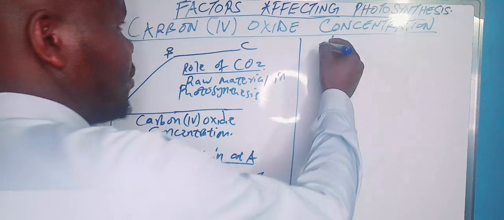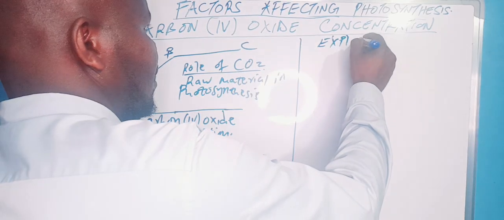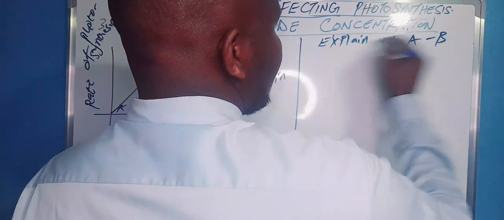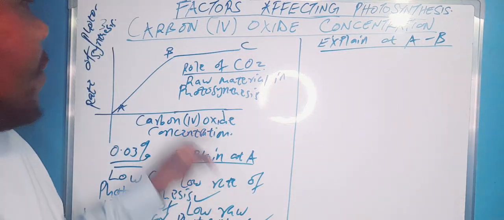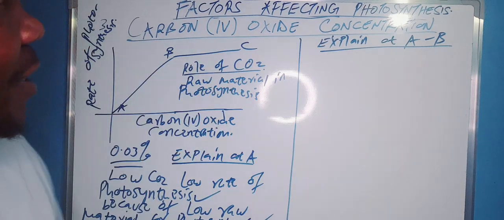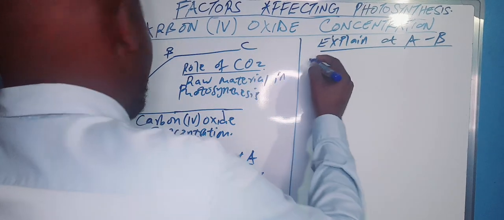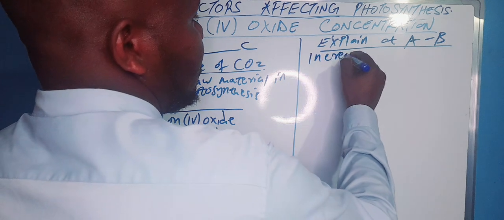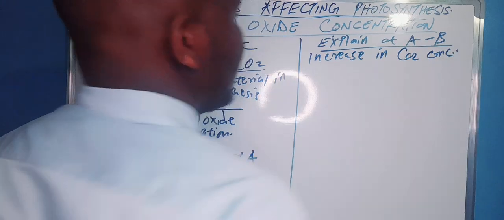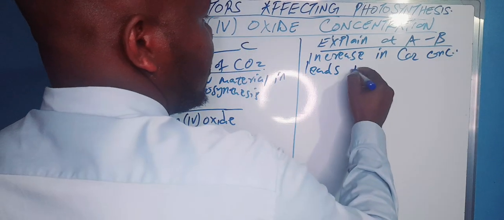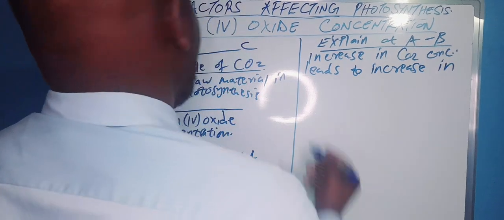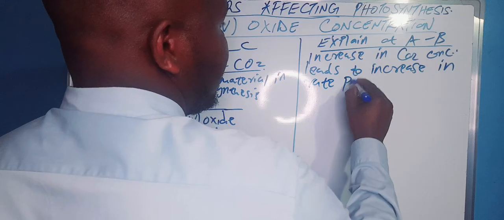Then you go to the second point, you explain at points A and B. How do you explain A to B? Just like the light, we said yesterday for the light, as it increased, the rate also increased rapidly. So this one is the same. So increase in CO2 concentration leads to increase in rate of photosynthesis rapidly.